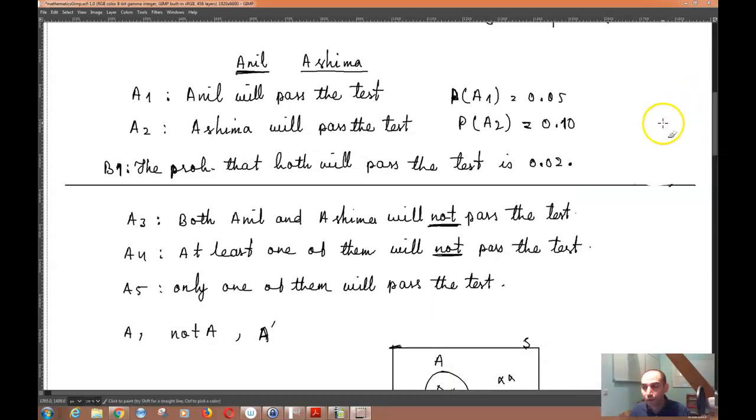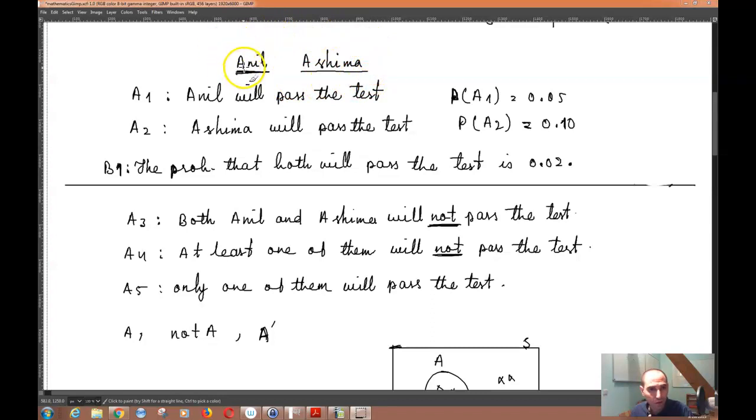And we have an example over here, which is example number 12. The question is that two students, Anil and Ashima, appeared in an examination. So the experiment, you could say, is that two students appeared in an examination.